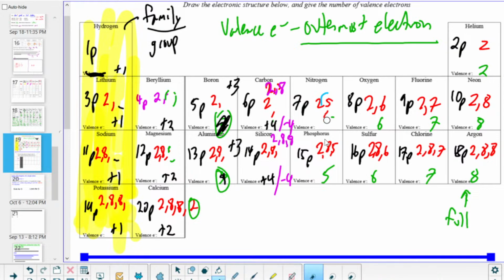Add 3. Which sounds easier, adding 3 or taking away 5? Adding 3. So really, this would become an 8, and that would become an 8. If I add 3 electrons, what charge is it? If you add 3 electrons, it would be minus 3. Each electron is negative, so you get the same negative charge as the number of electrons you add.